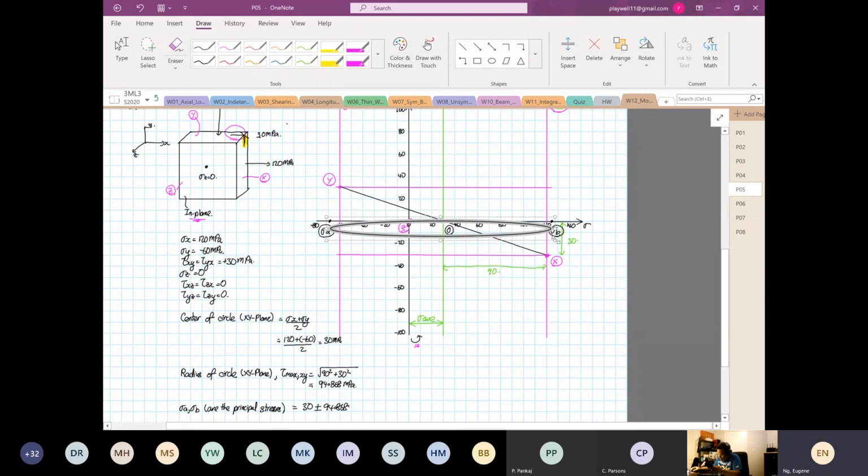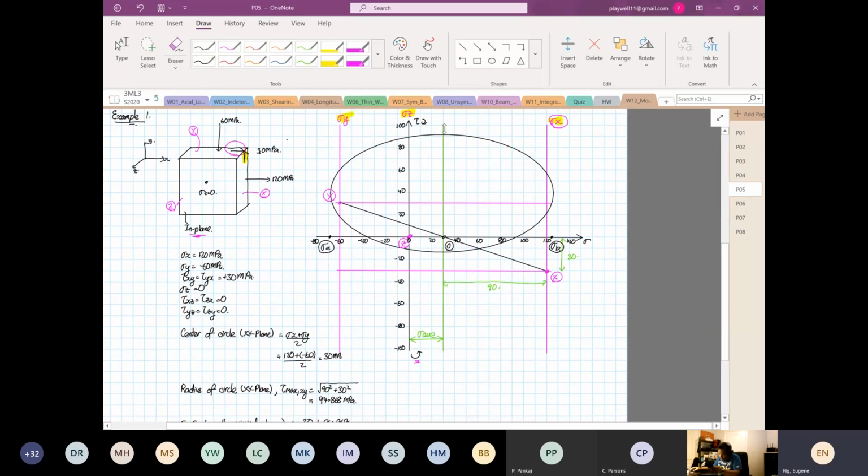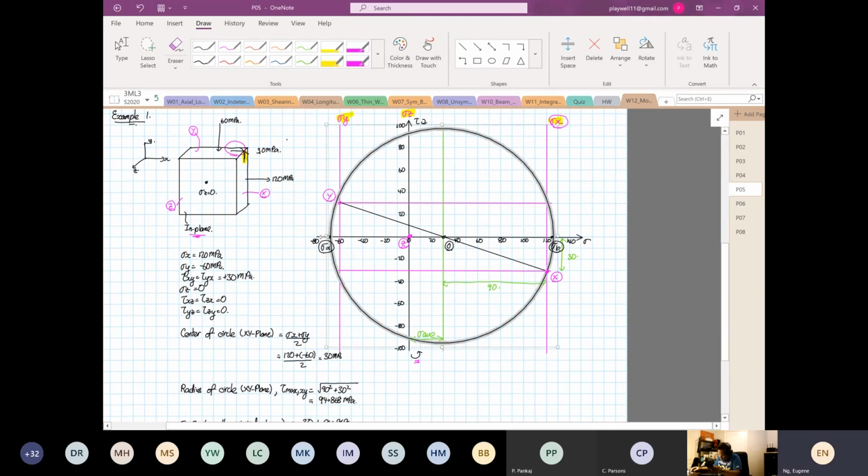So it's going to be 94. I'm just eyeballing this. I think I got this slightly too big. So this circle they have drawn touches point X and touches point Y, right?